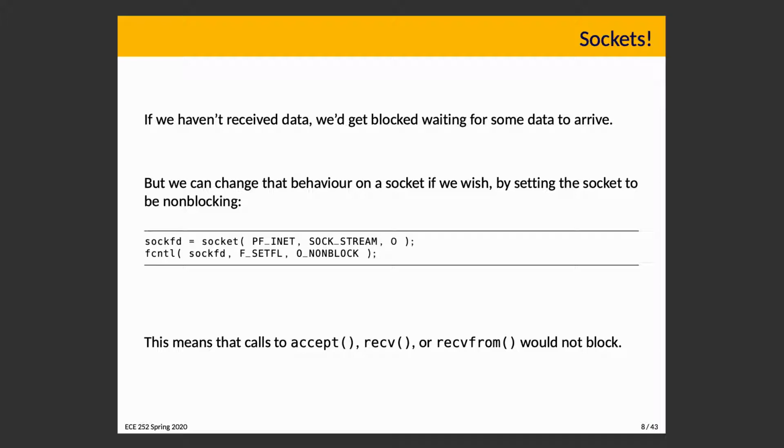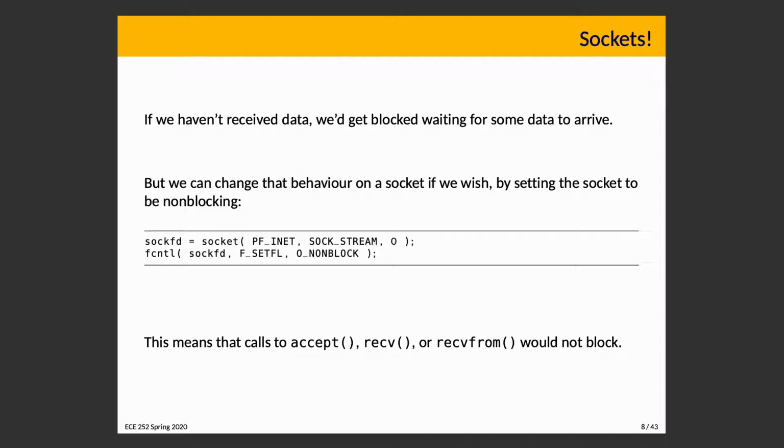Maybe data is available, maybe it's arrived over the network, or maybe it hasn't. So with sockets, you can set your sockets to be non-blocking. If you haven't received data, and you just called read on a socket or receive or something like that, or accept or receive from, you would normally get blocked. But now we have the ability to say, actually, I don't want that behavior.